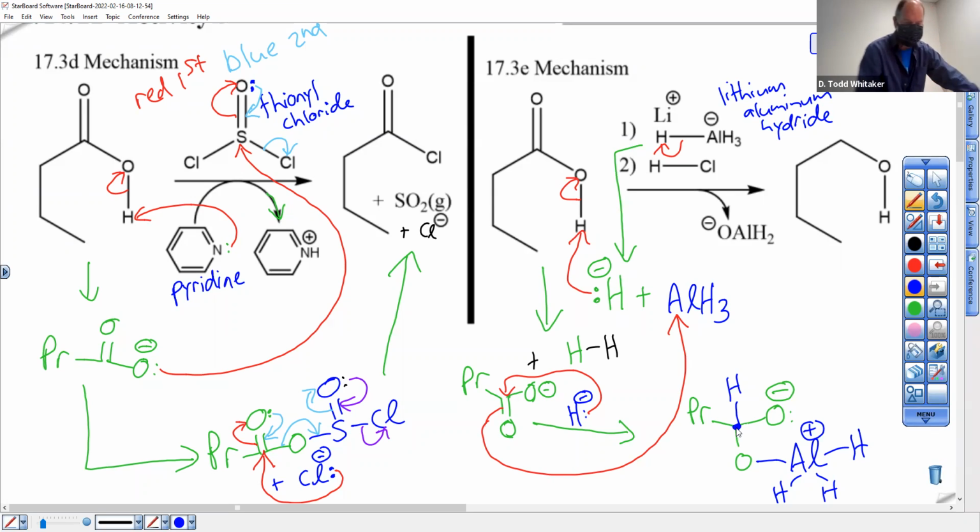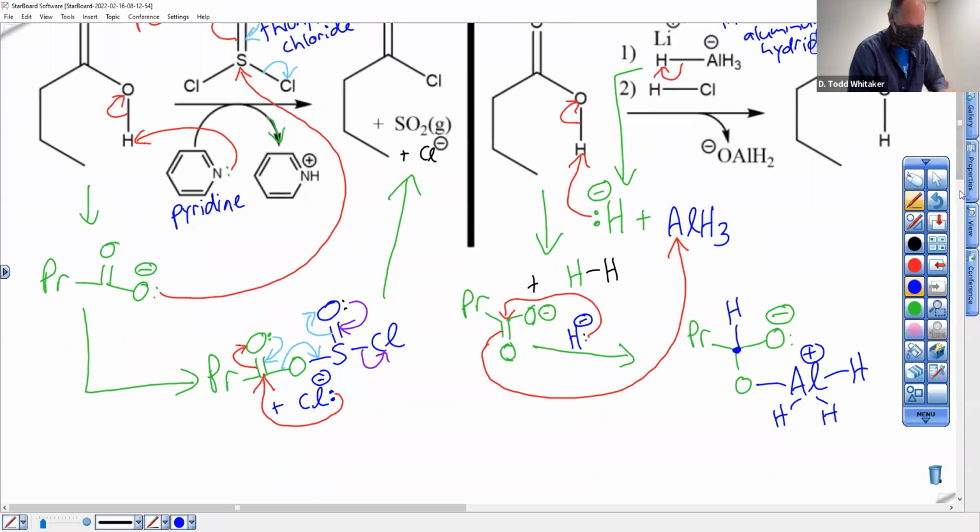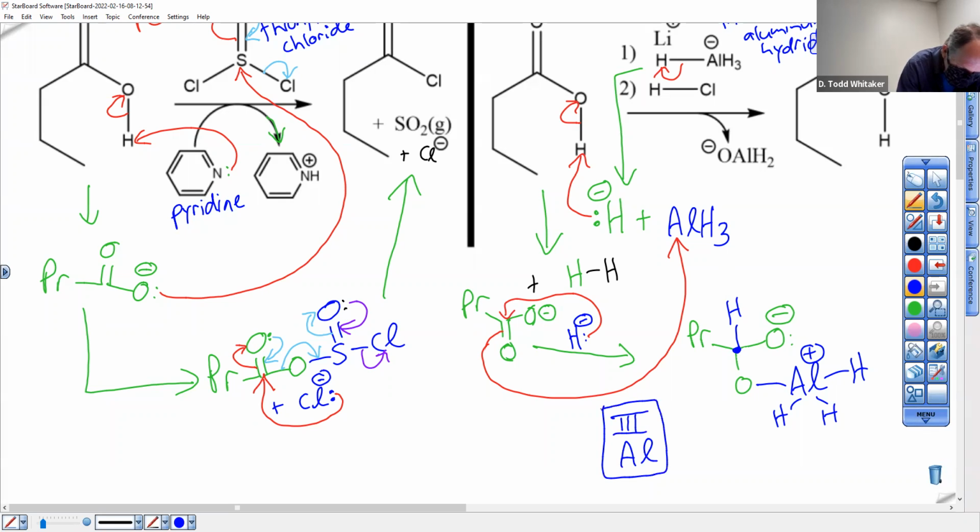In review, Orgo 1, aluminum on the periodic table has Roman numeral 3 above it. It's a group 3 element. It now shares 8 electrons. That's 4 bonds. That's like owning 4 electrons.